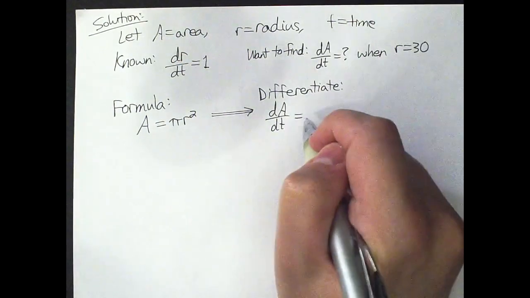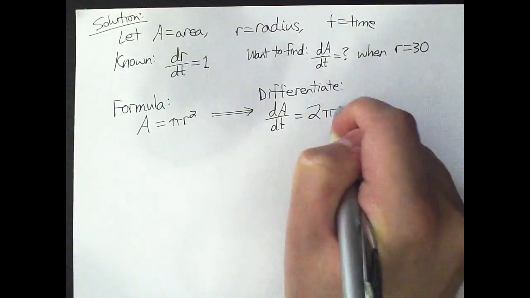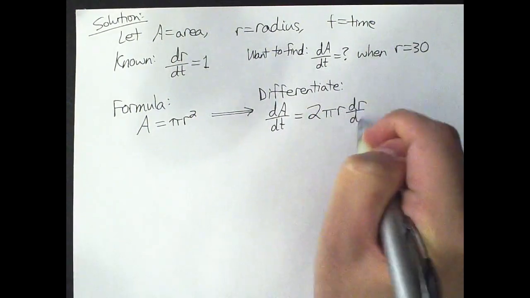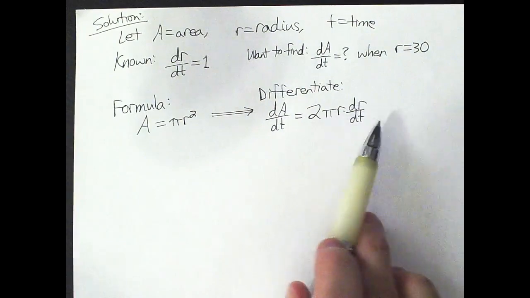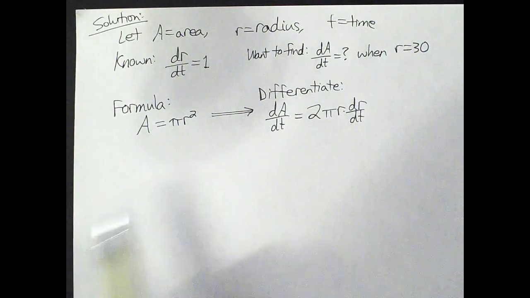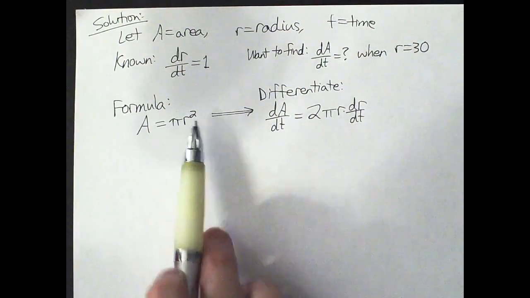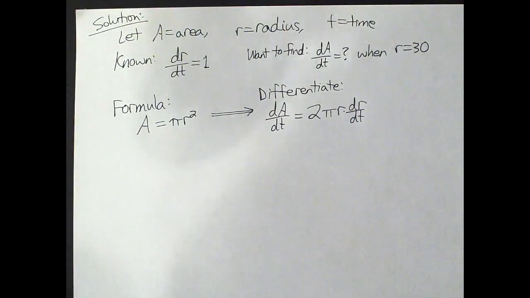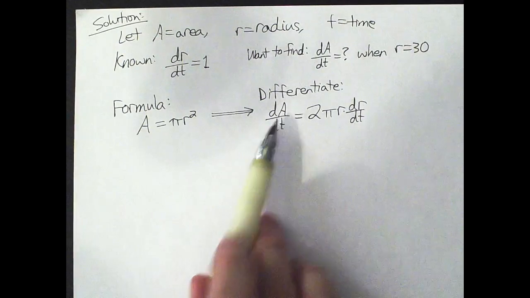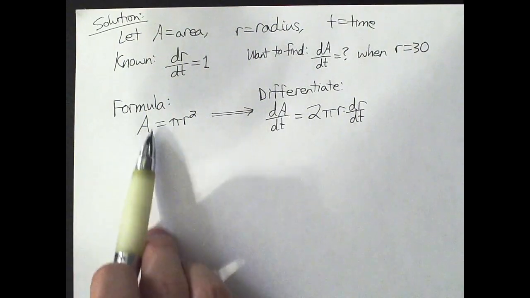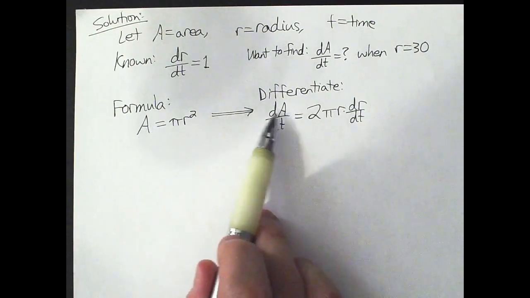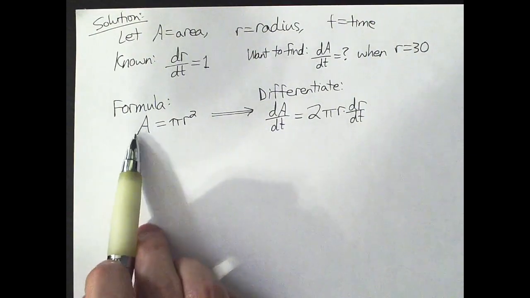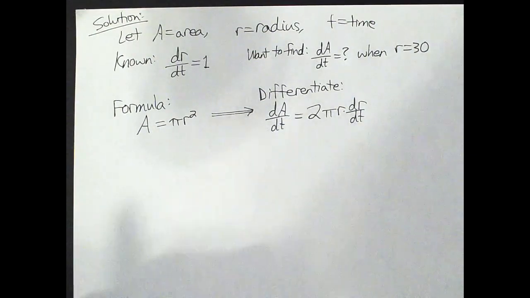So let's write 2 pi r dr/dt. The dr/dt pops out because we did implicit differentiation, and the chain rule tells us that a dr/dt pops out because r is a function of time. A is a function of time also. If this formula had something more complicated on the left side, we would have to deal with that with the chain rule, but it just says A, so we just get dA/dt.